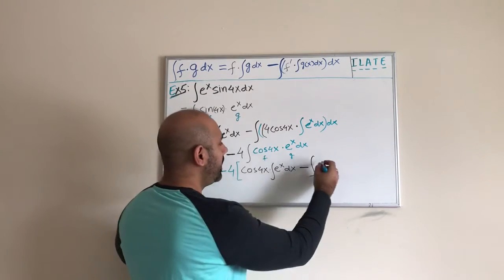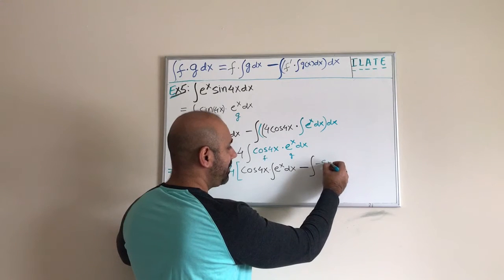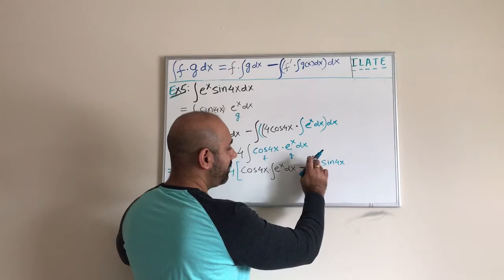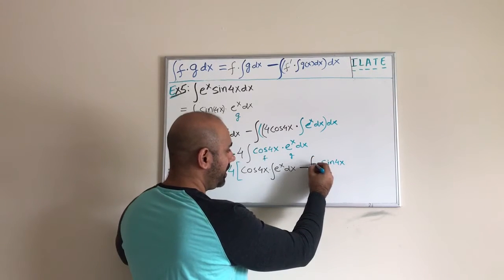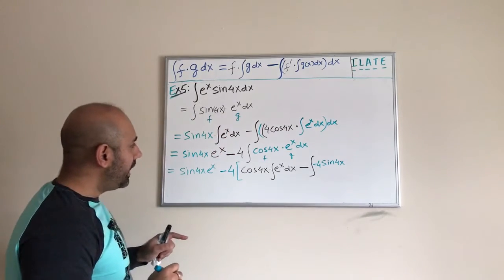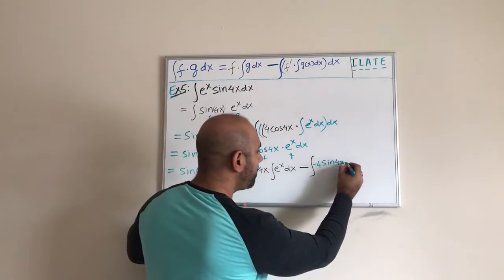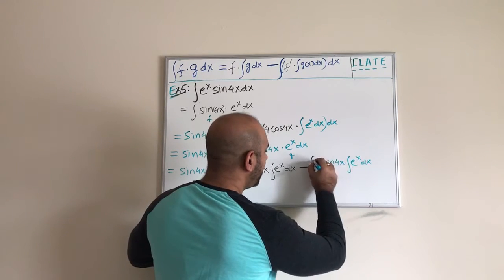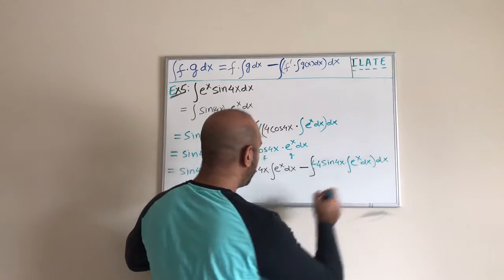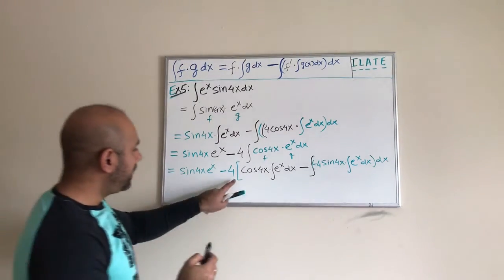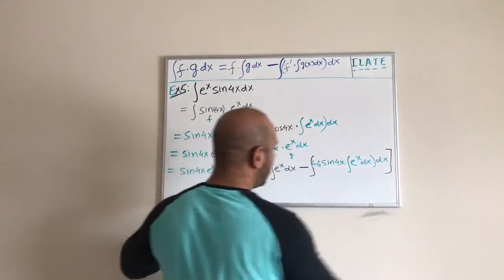The derivative of cosine is negative sine 4x, but I also have to multiply by that 4, which is the derivative of the inner, so it is going to be negative 4 sine 4x. And then we multiply this by the integral of e to the x dx. Of course, there is another dx outside. I started that square bracket, so I should better close it as well.